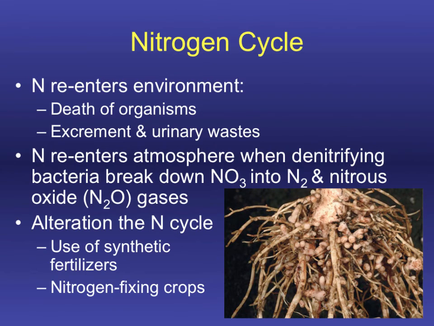The other way we've contributed to it is by using synthetic fertilizers. So by dumping massive amounts of fertilizer on farm fields, we've really tipped the balance of what fertilizer would have looked like naturally versus what it looks like in terms of human agriculture. We've also planted a lot more nitrogen-fixing crops. These plants that do this are not especially common when you look at nature unaltered, but when we look at human agriculture, these plants are really heavily favored because we can plant these alternating with things like corn.